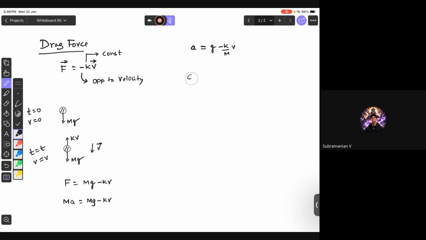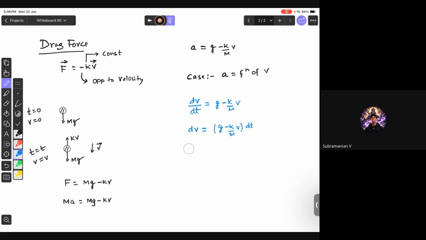So what kind of case is it? A case where I know the acceleration as a function of v. To find velocity as a function of time, we will do the same thing, integration. We write dv by dt equal to g minus k by m into v, and then throw dt to that side. When I go for integration, we realize we cannot integrate v with respect to t.